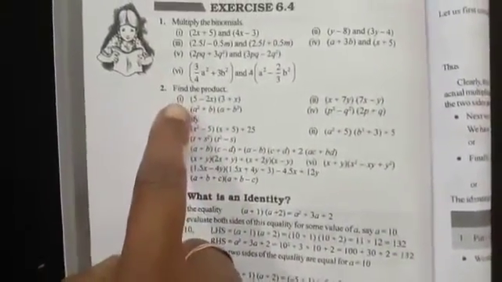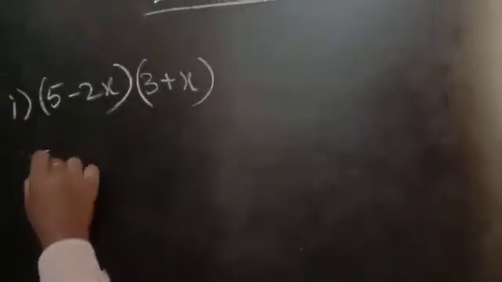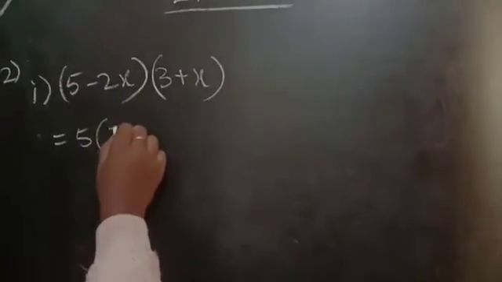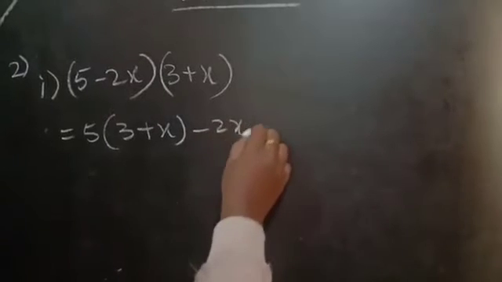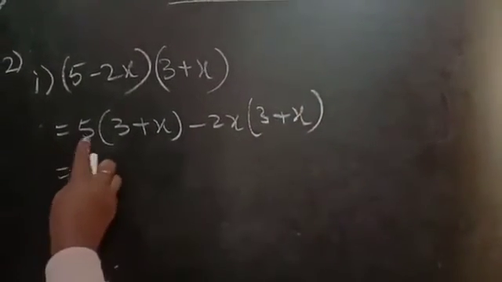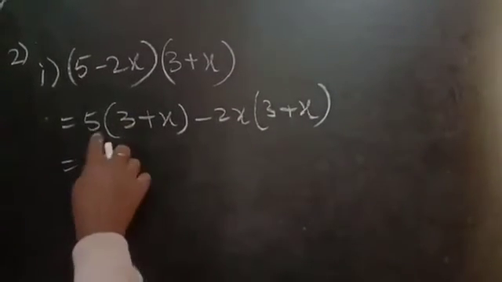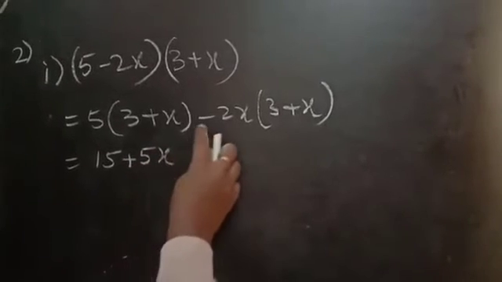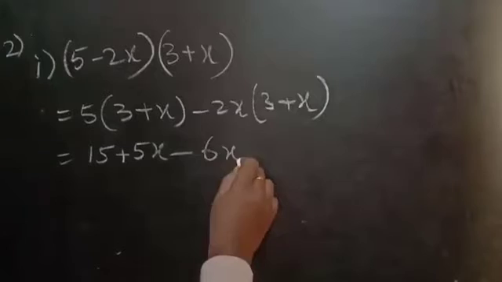Find the product. Second one. In this, the first is (5 - 2x)(3 + x). So 5 we have to multiply with this, then minus 2x we multiply with 3 plus x. Then 5 3s are 15. Plus into plus, plus; 5 into x, 5x. Minus into plus, minus, 2 3s are 6x.